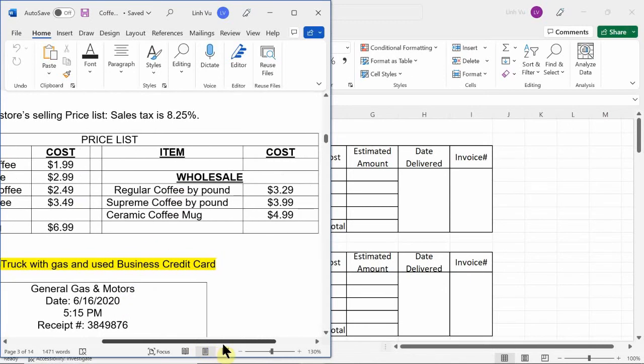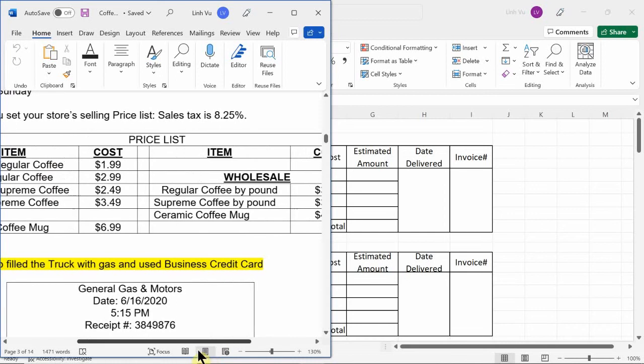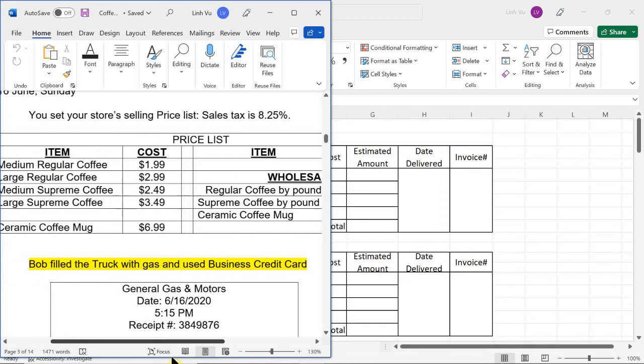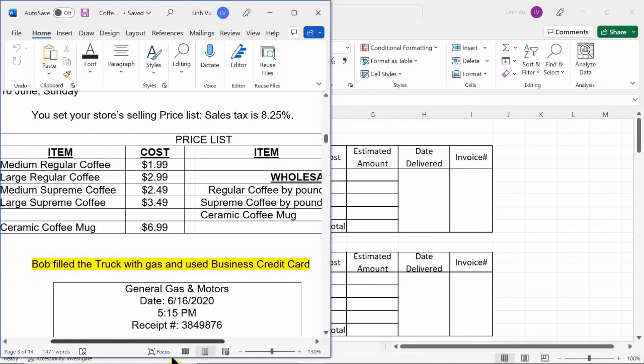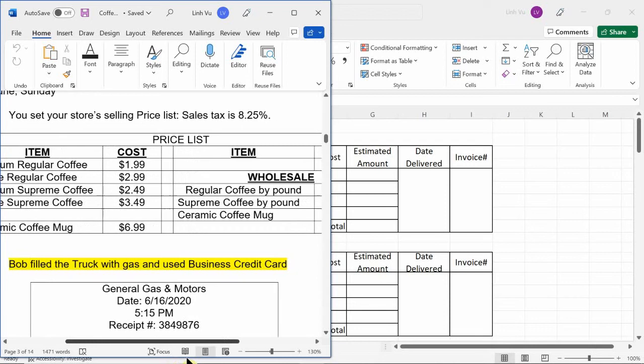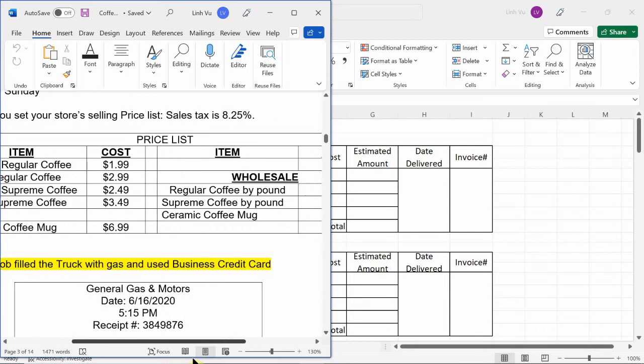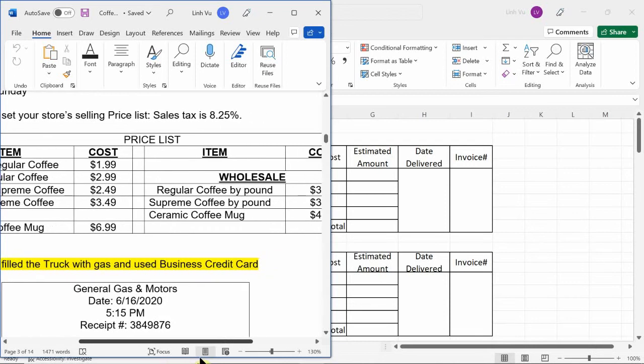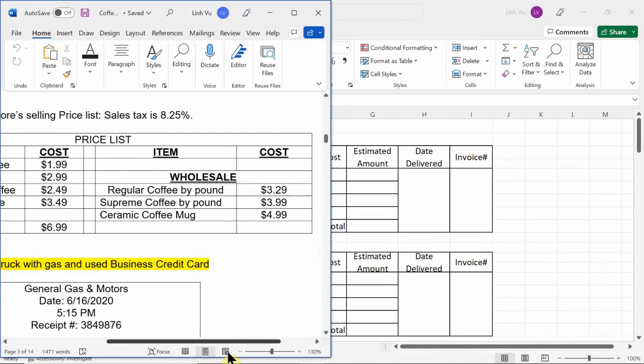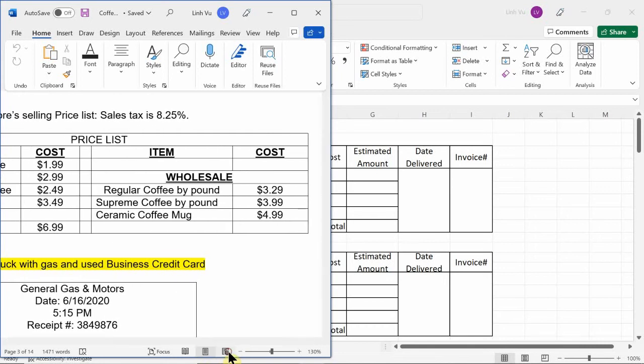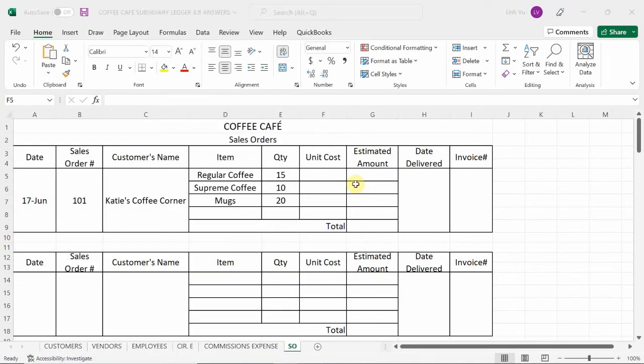Am I selling medium coffee cups to her? No. So what am I selling to her? The coffee by the pound. So in this case, it's $3.29, $3.99, and $4.99.